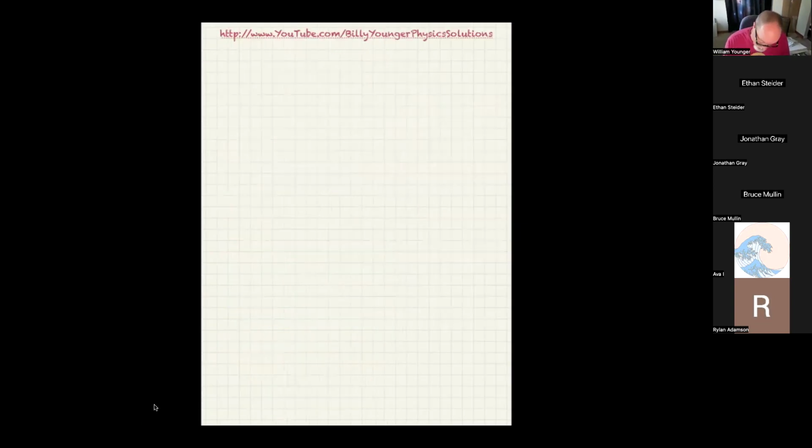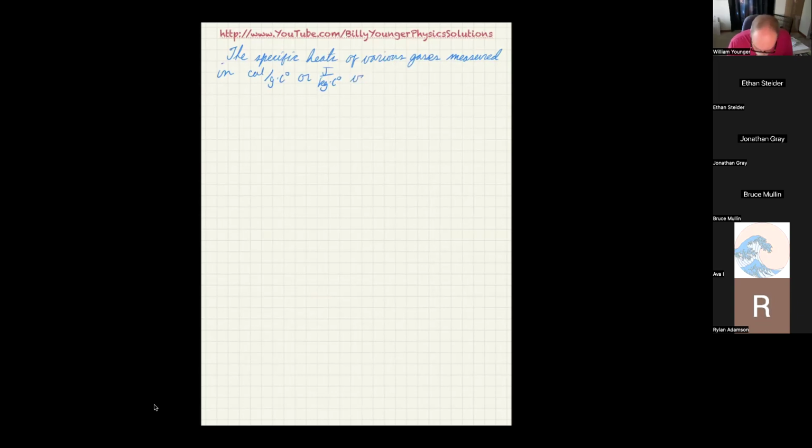So I'll say it this way. The specific heats of various gases, measured in calories per gram Celsius degree or joules per kilogram Celsius degree, vary greatly.